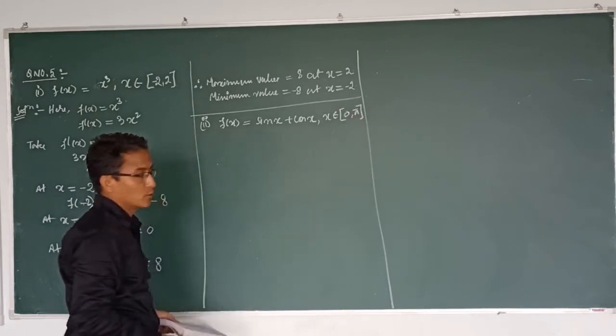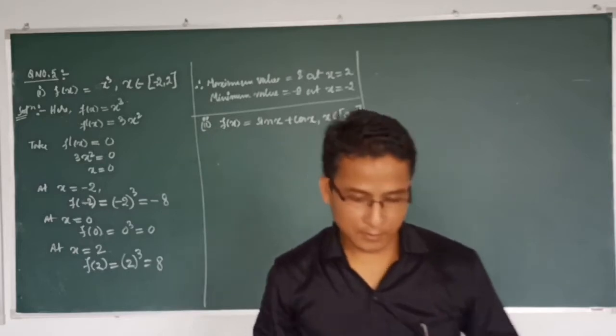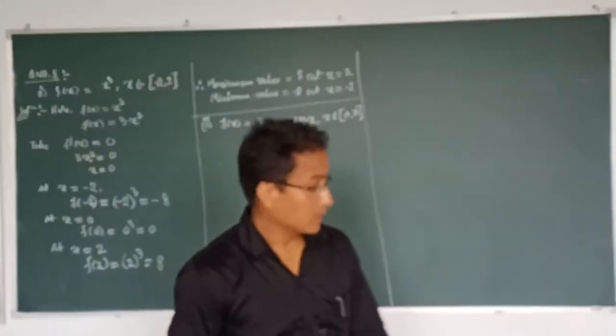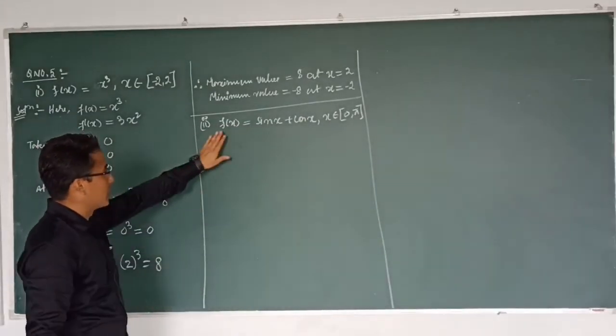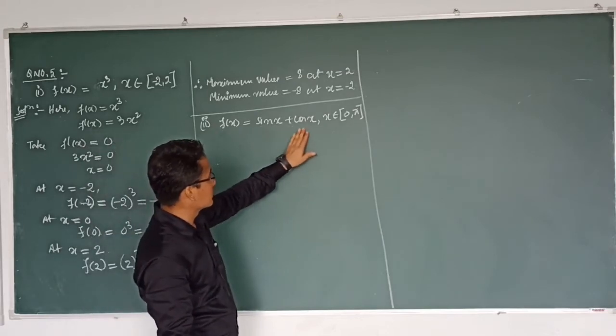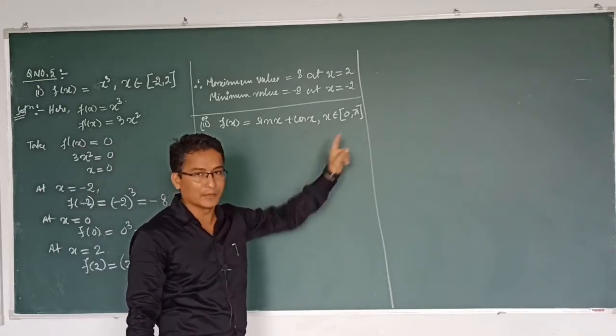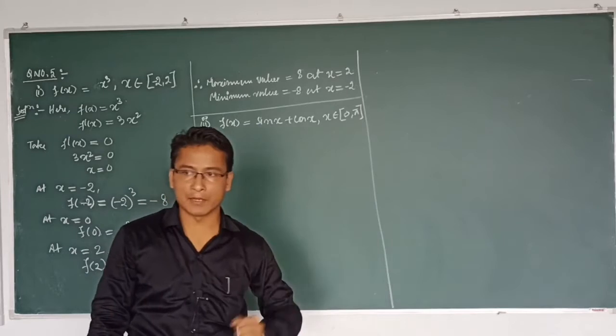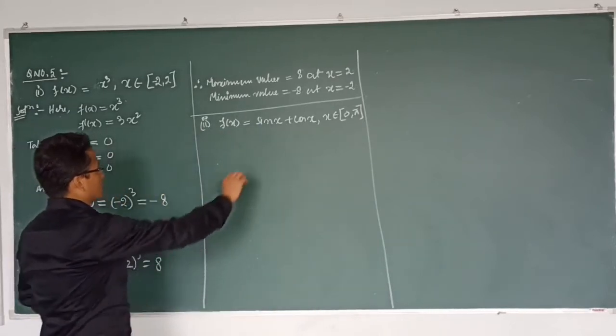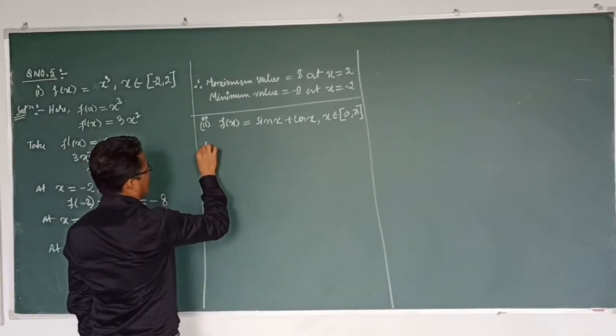The function f of x is sin x plus cos x, and x belongs to the interval 0 to pi. So here is the solution.